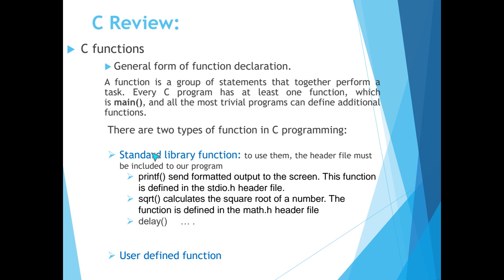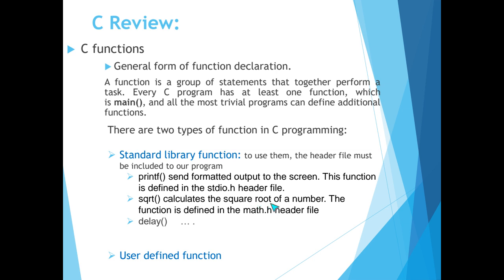When we want to use printf, we should add in the preprocessor the header file stdio.h. Or sqrt, which calculates the square root of a number, and the function is defined in the math.h header file, meaning that after using the number sign include and inside the characters related to header files, we use math.h.